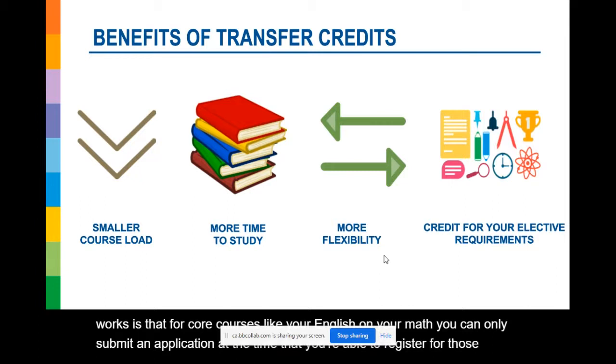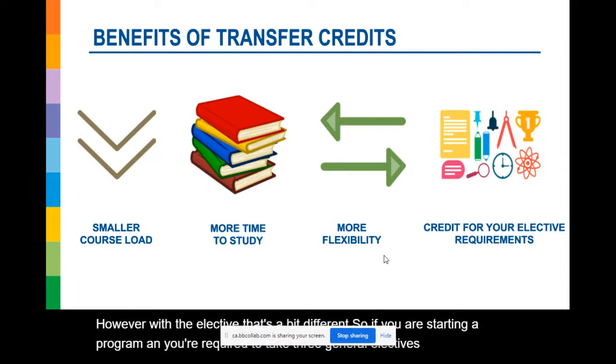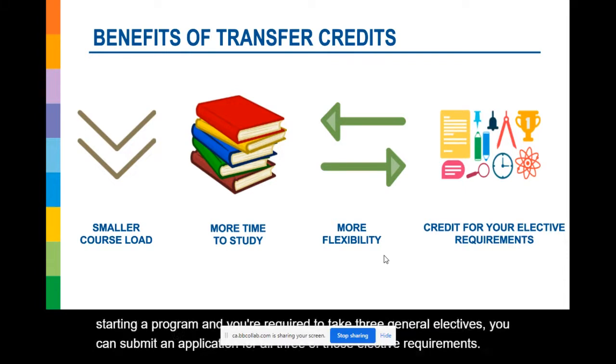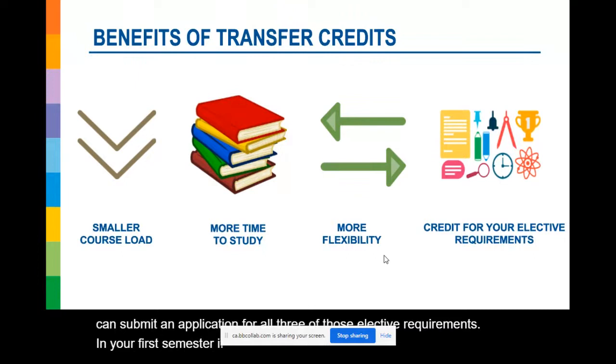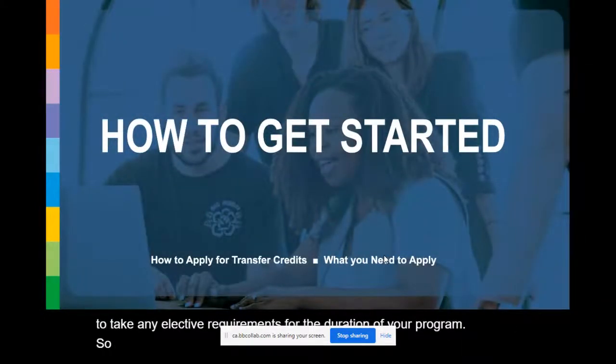However, with the electives, it's a bit different. If you're starting a program and you're required to take 3 general electives, you can submit an application for all 3 of those elective requirements in your first semester. If you're approved for all 3, then you will not have to take any elective requirements for the duration of your program.